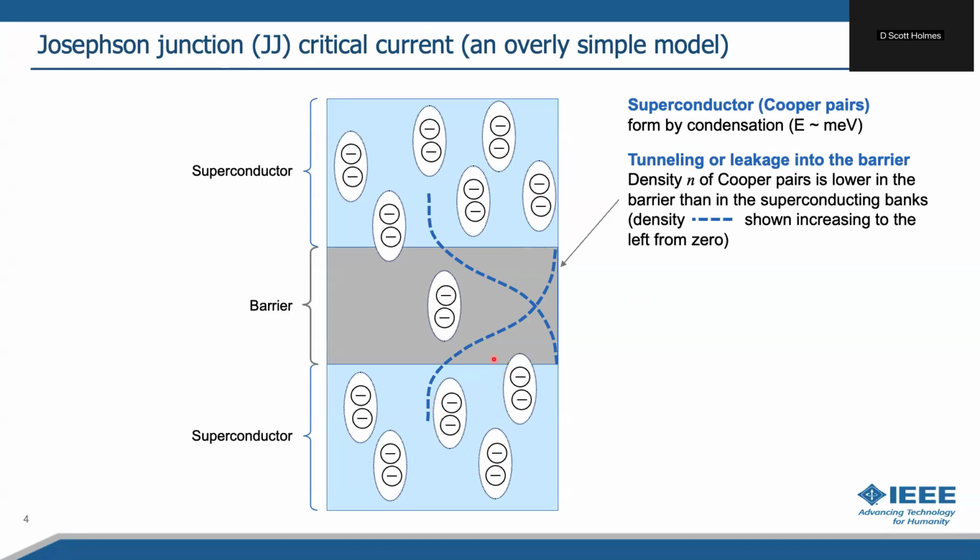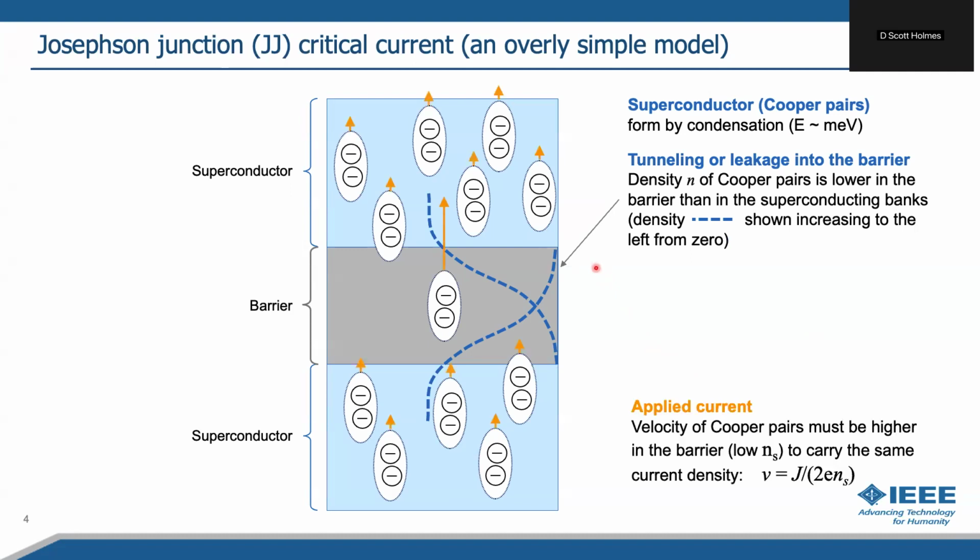This is showing, looking from this side, the density of the Cooper pairs as an exponential drop in the barrier, from both sides. So there's a little region where they overlap, and some Cooper pairs can tunnel across.